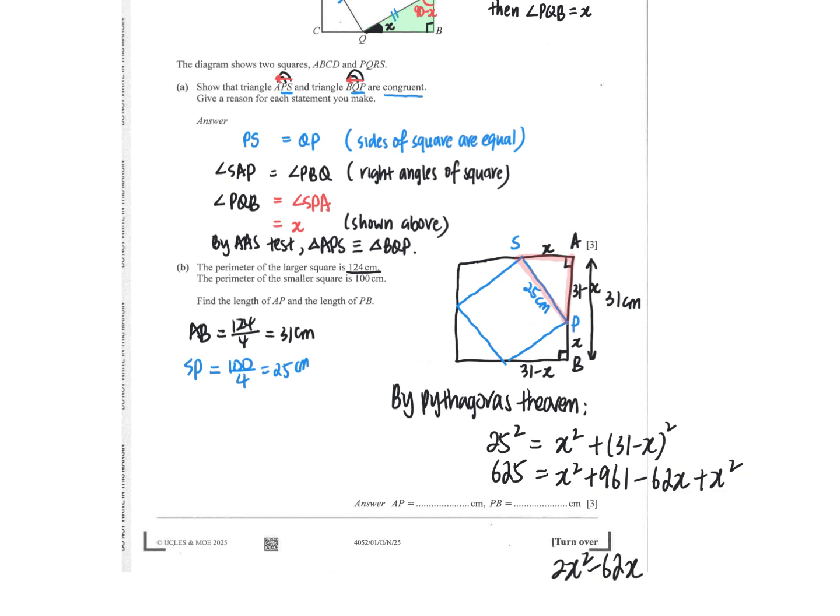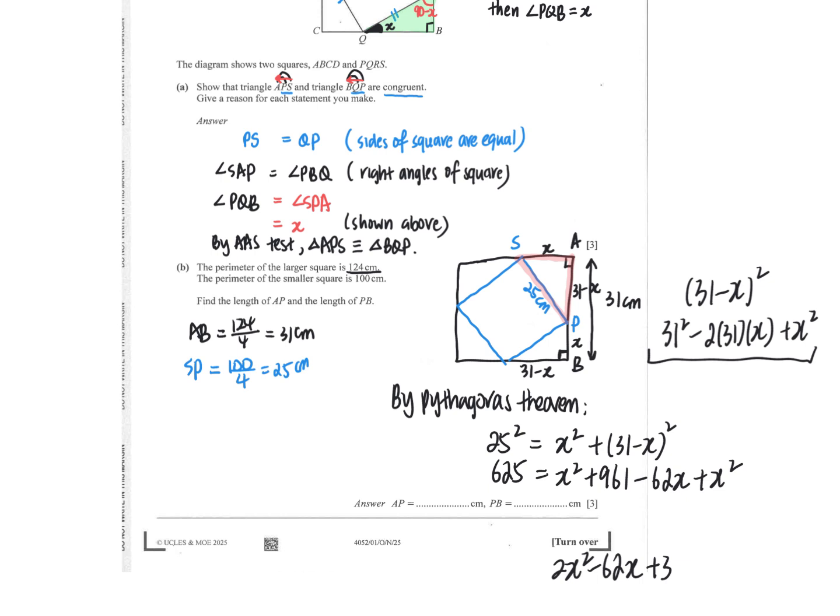961 minus 625. You do 2ab, yeah. So a square plus, minus 2ab plus x squared. 2x, this one.